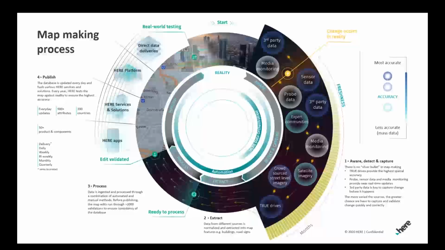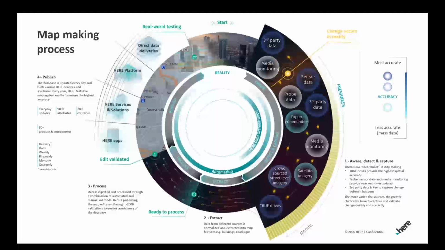We're using satellite photos. Based on satellite photos, you can identify, for instance, new roads or new buildings, things that are being reconstructed. Then there is a bucket for crowdsourced street level imagery. So this is about photos that are taken via different apps that we have access to, so that we can actually see how reality looked on a street level.